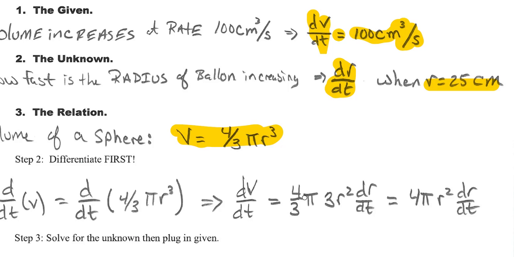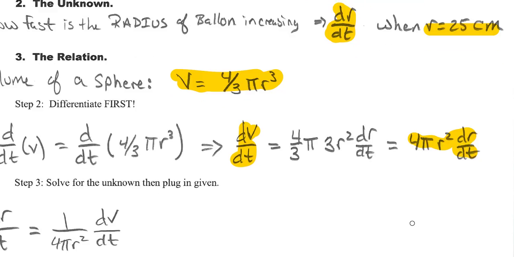On the right, we have 4/3 pi. Then the derivative of r cubed is 3r squared, then times dr/dt, which simplifies dV/dt to 4 pi r squared dr/dt.